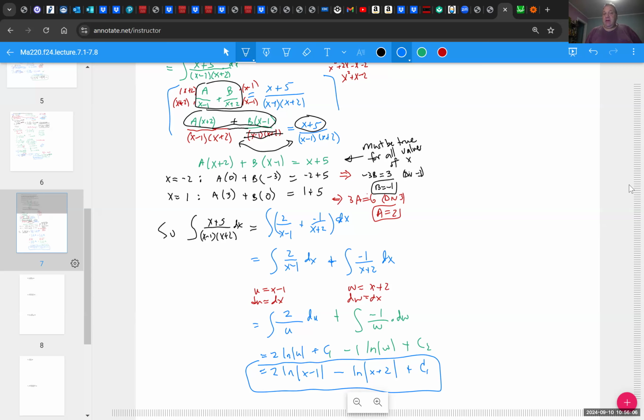I simplified that using algebra, and I substituted different values of x in to determine the values of a and b. And then I rewrote my integral into this simpler integral. So that's the whole purpose of partial fractions, is to take this complicated problem and simplify it. So I simplified it into 2 smaller integrals, integrated each one using simple substitution, and got the final result.